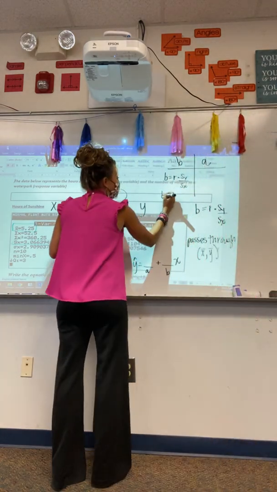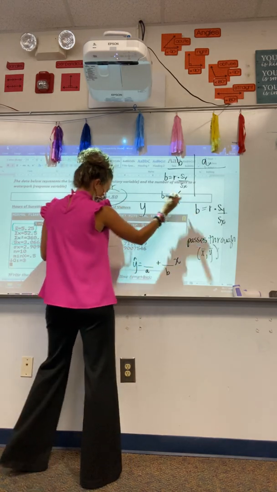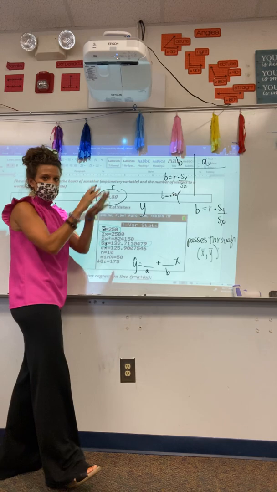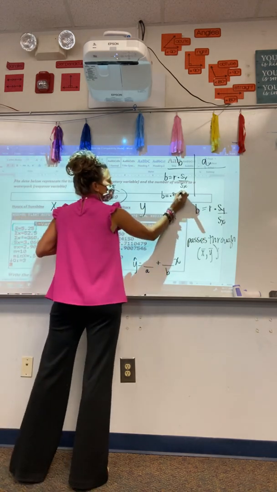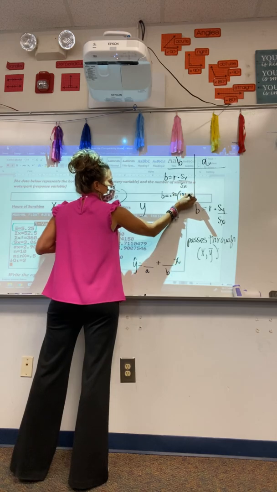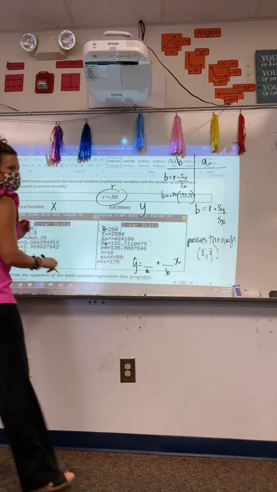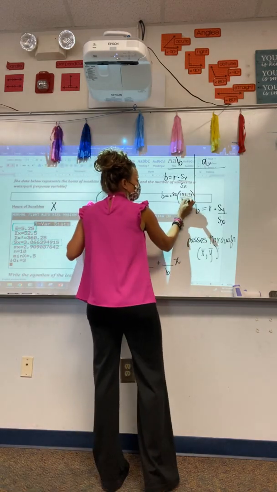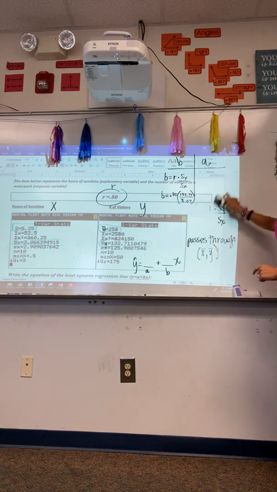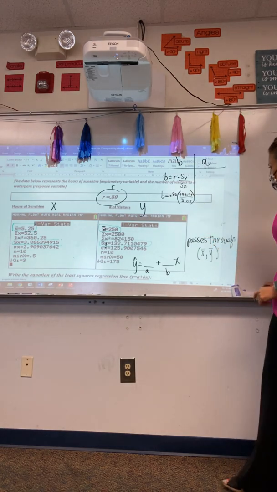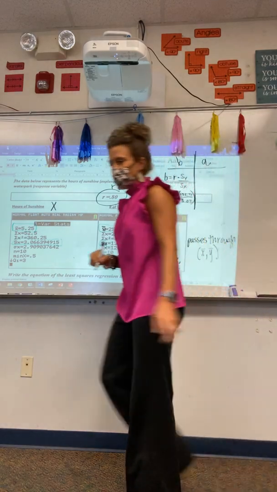My R they gave me is 0.80 times the standard deviation of Y. Remember, Y is over 1, 132.71, all over 3.07. All right, so I'm just using that B equals formula from your notes. Now come up with your B value for me. Come up with your B value.